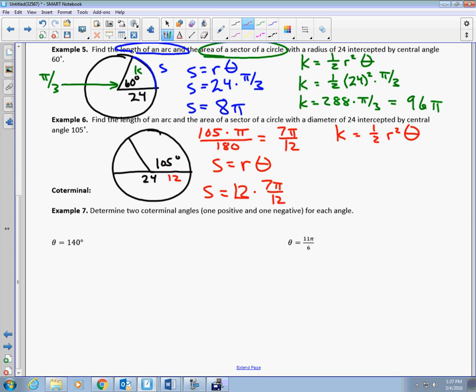The 12s cancel, leaving us with 7 pi. Again, if you wrote that in decimal form, that would be fine too. So I go to the next one. I have K equals 1/2 r squared theta. What is r? So I'll take 12 and square it, and then theta is 7 pi over 12.